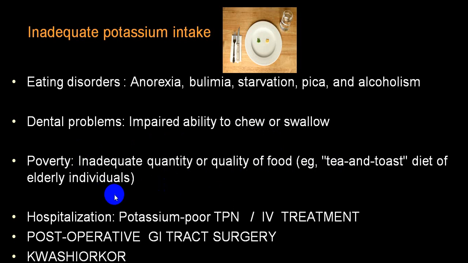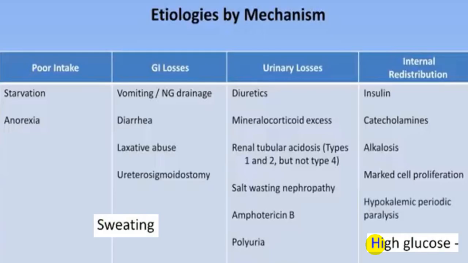If a person is hospitalized and on TPN which is poor in potassium, or on IV treatment where potassium replacement is poor, or has had major GI tract surgery and is nil by mouth, or develops severe malnutrition like Kwashiorkor, they can develop potassium deficiency.